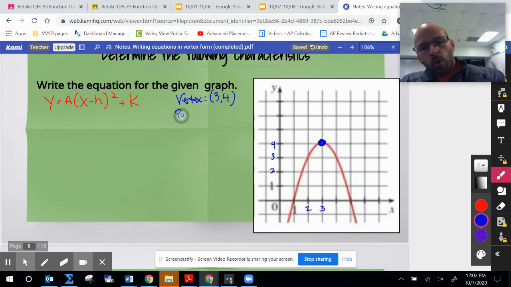Now I need another point. Okay, so I need to know where this curve hits very nicely. So anywhere where the curve hits the grid marks, really nice. So I'm going to use this point, which is at 2, 3.